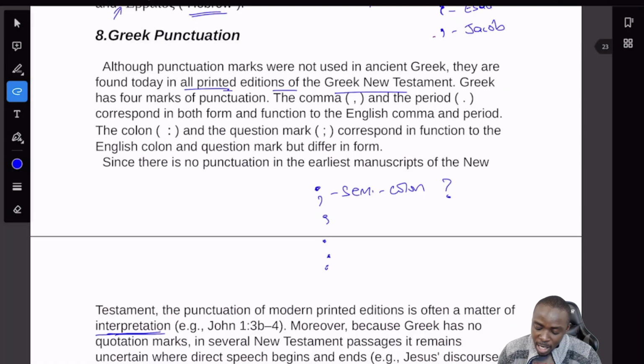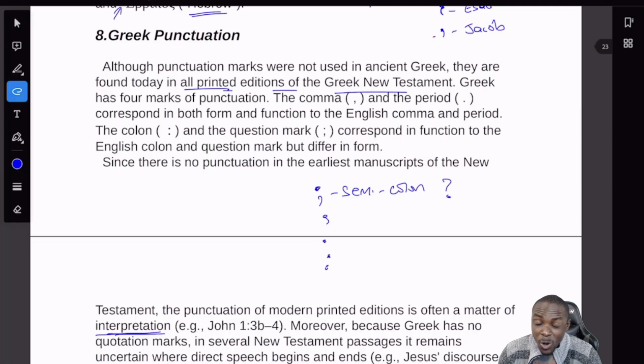So let's look. So John 1:3b-4. Moreover, because Greek has no quotation marks, in several New Testament passages it remains uncertain where direct speech begins and ends. Example, Jesus' discourse with Nicodemus in John 3. Many persons are saying that there are certain things that Jesus said, certain things that the author says, and it's difficult to know who says what.